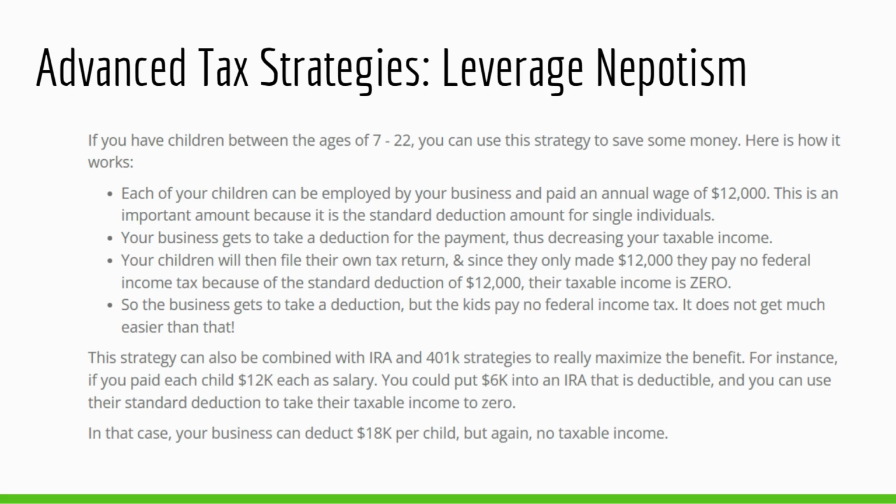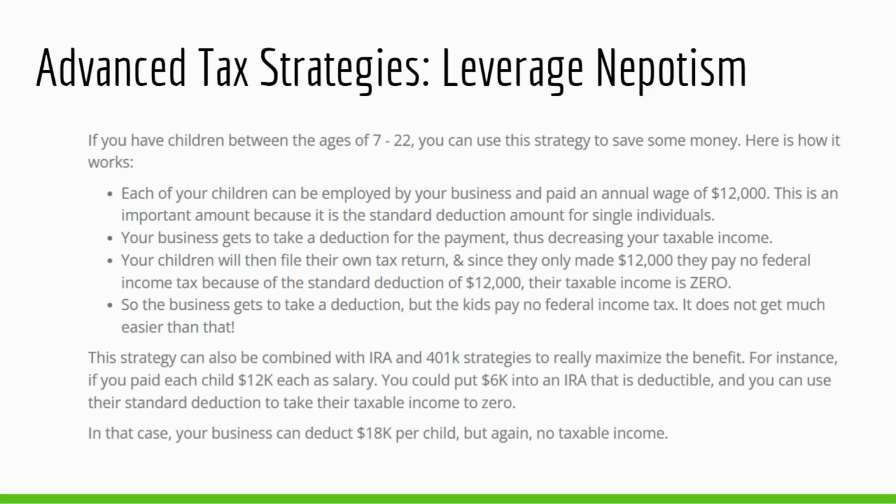That's a $24,000 expense that you take on your P&L, and that becomes your children's income. Now, your children will then file their own tax return, and since they only made $12,000, they pay no federal income tax. Because of the standard deduction of $12,000, their income becomes tax-free. So you just put a $24,000 expense on your P&L if you have 2 children. That became your children's income, and their income will have no tax liability.